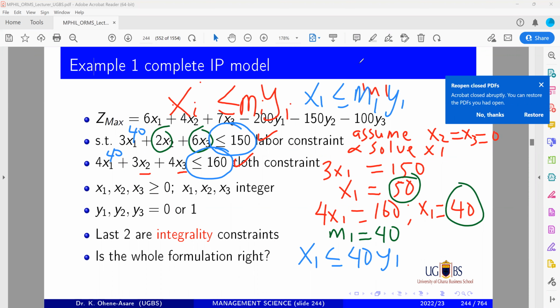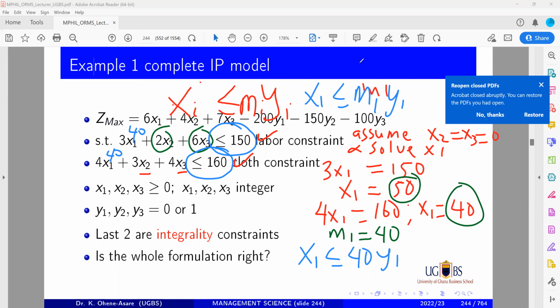So this becomes the final constraint that must be added. Now you need to do the same thing for the x2 to get the m2, and then for the x3 to get the m3.